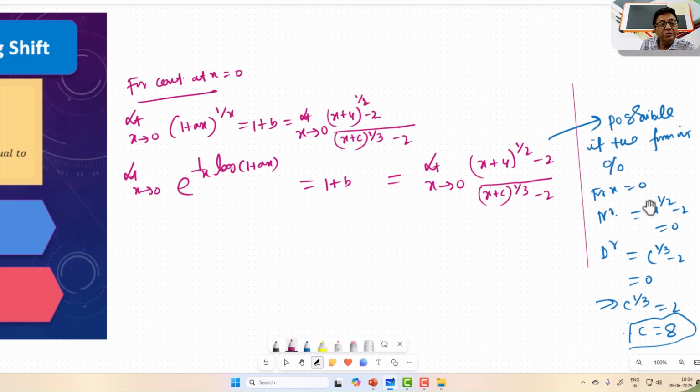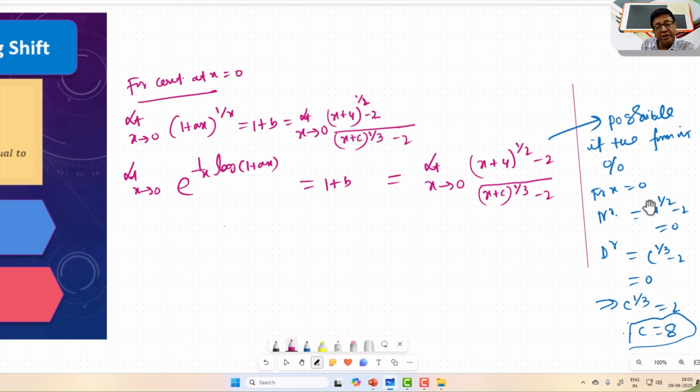So this one changed to limit. This time I prefer doing it by L'Hopital rule. If you go by standard limit, I have nothing to say, you can do it. Here also the form is 0 by 0. Put x equal to 0, log 1. So you just take the limit in the index.